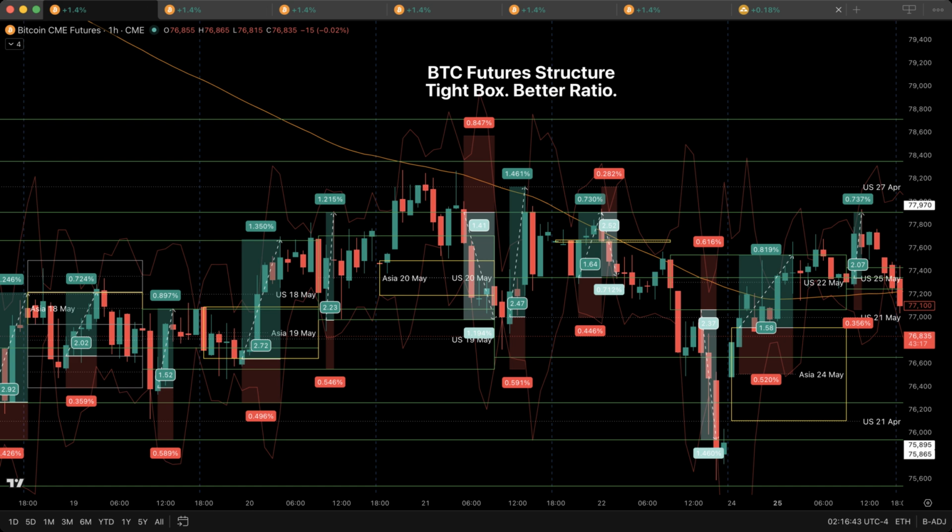That gives the position room. It reduces noise. When you move the target, move the stop. If the stop stays behind, profit stays exposed. If the stop comes too close, normal reaction removes the trade. So again, the stop follows structure.